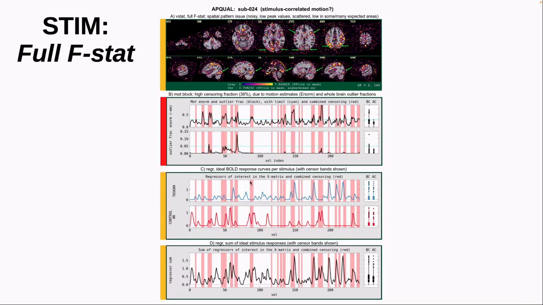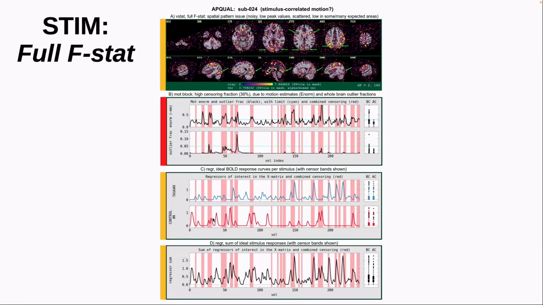We can look at these censored time points where the motion was too high. They've exceeded these motion limits, the E-norm limit, or they've exceeded the outlier limit, these cyan lines. And then look to see if they correlate with the tasks, the two stimulus classes, one called task 0 and the other called control 0. All right, so we have these two stimulus classes. It looks like there might be something going on, so we mark that as uncertain.